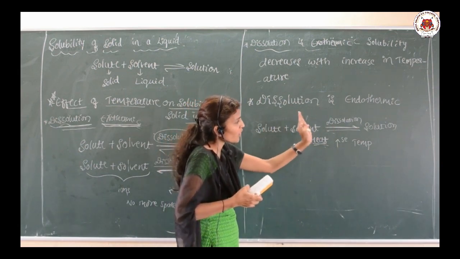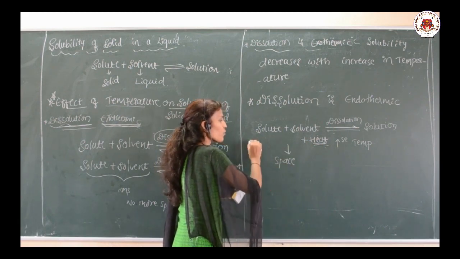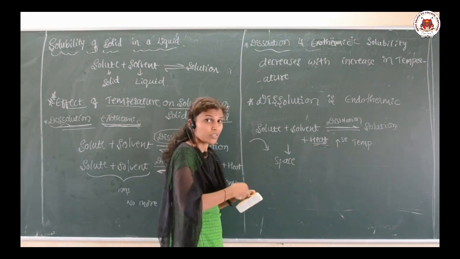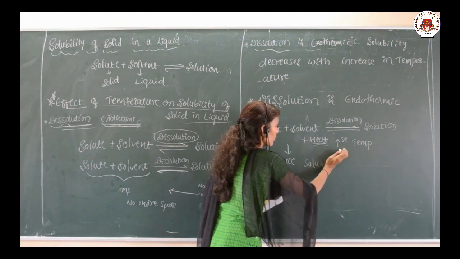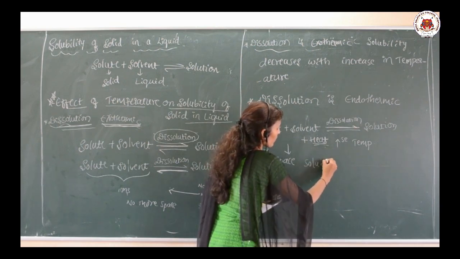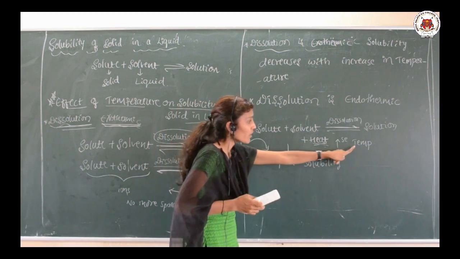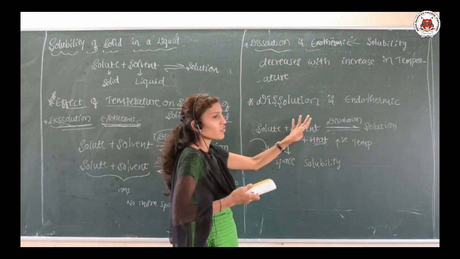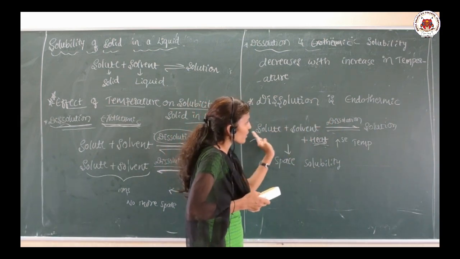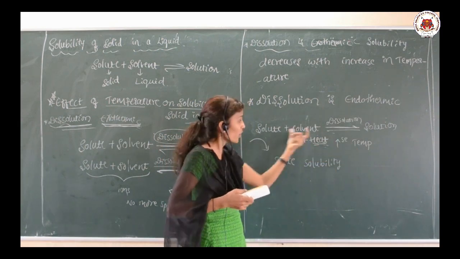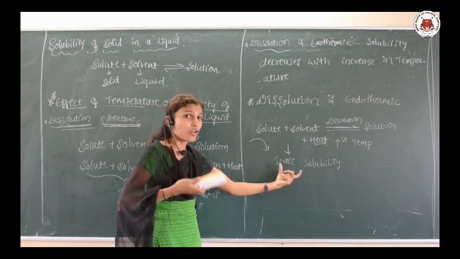As more forward reaction occurs, there is a space for the solubility of other solutes. Other ions can get soluble here. Because of the increase in the temperature, this equilibrium is not ready to accept it. It favors the forward reaction. So here there is a space for other ions to get soluble.